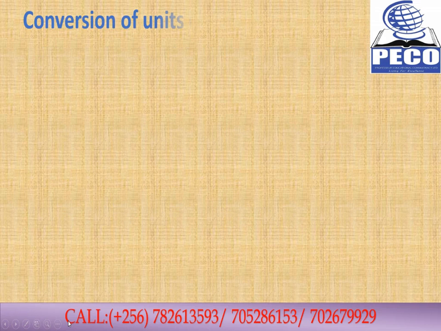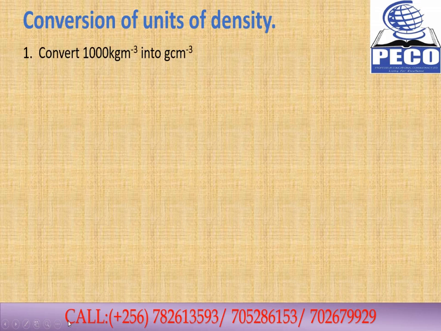Okay, now how can you convert these units of density? Let's look at conversion of the units of density. For example, we have seen that the density of water is 1000 kilogram per cubic meter, and we want it in grams per cubic centimeter.